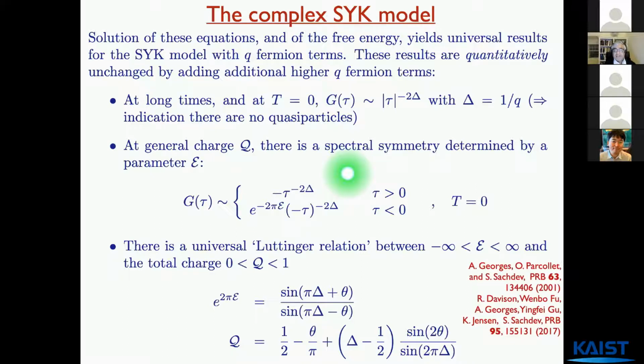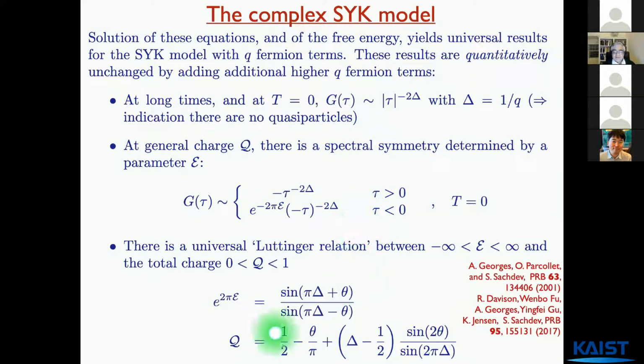Amazingly, it turns out that even in this system, there is a similar anomaly, and that relates the UV property, which is the charge density, given by the Green's function at equal time, to an IR property, which is E. E is the number that determines the long time decay, for tau much greater than 1 over u.